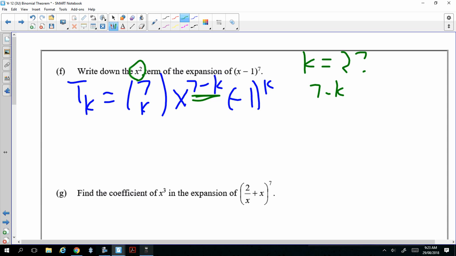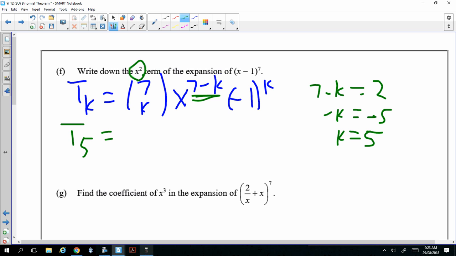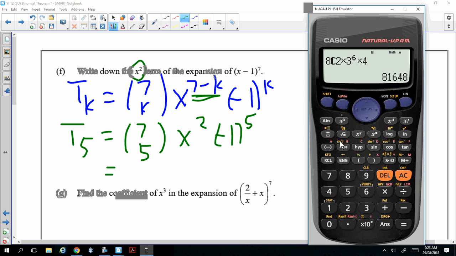So 7 minus k is 2, negative k is negative 5, therefore k is 5. Let's put 5 in: t5 equals 7C5, x to the power of 2, negative 1 to the power 5. Work out what 7C5 is on your calculator. 7C5, you get 21, so you get negative 21 x squared.